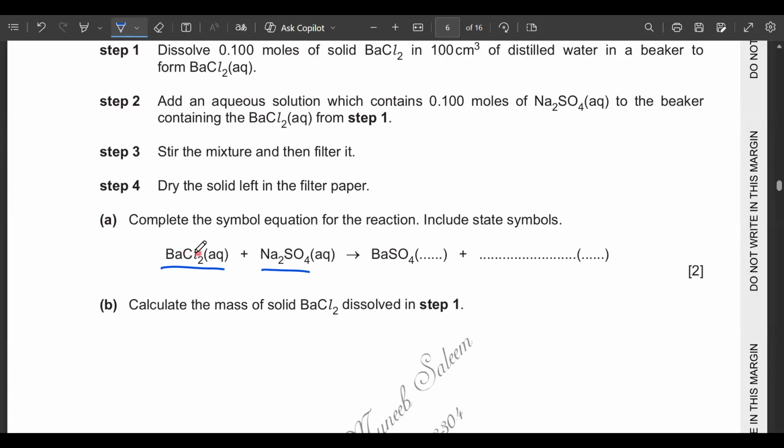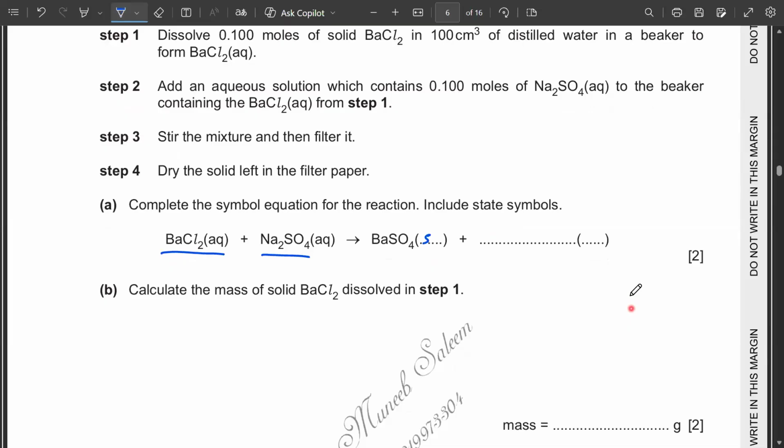If two salts are reacting with each other, they will also produce another salt here. And barium sulfate is basically a solid form of the compound. Barium chloride, aqueous, and sodium sulfate, we remember it produces the white precipitate.